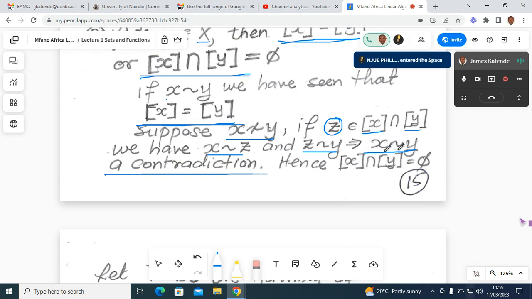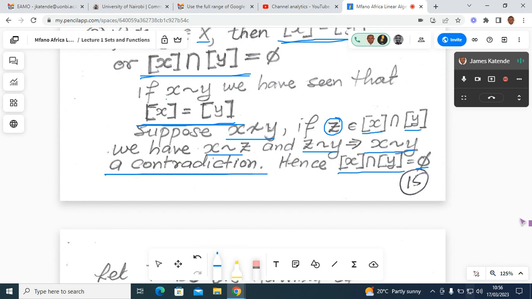So this statement contradicts the statement up here, and therefore this can't work. There must be no elements in the intersection, which means the intersection of the two equivalence classes must be empty.